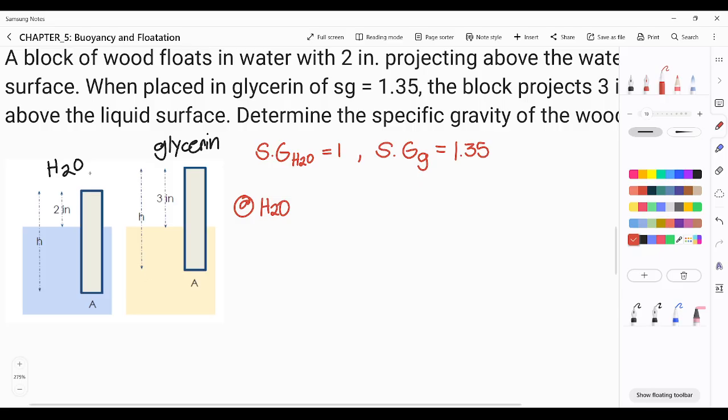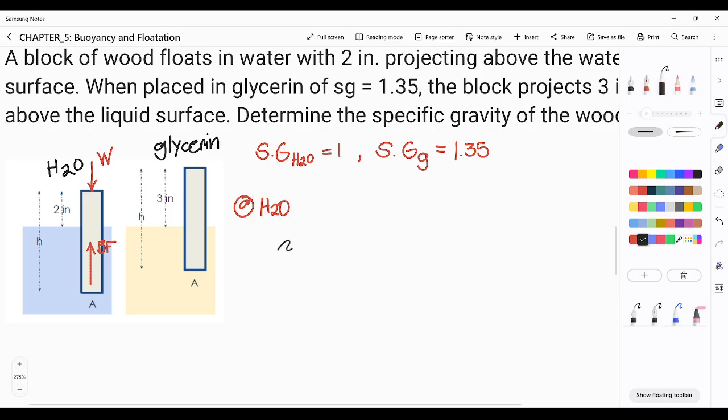At para magkaroon ng equilibrium, the block has its weight and the fluid exerts a force which we call the buoyant force that makes the block float in water.